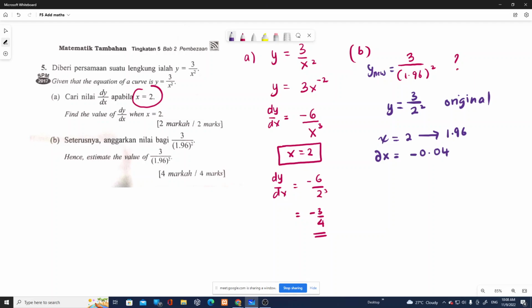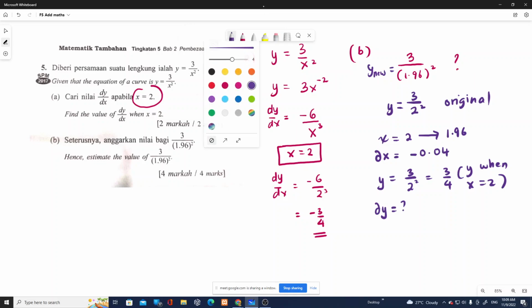So our y value when x is 2, that will give you how much? Y equals to 3 over 2 square, that will give you 3 over 4. That is the y value when x equals to 2, sorry, not 4. So now we want to find what is delta y. That is what we should find out.